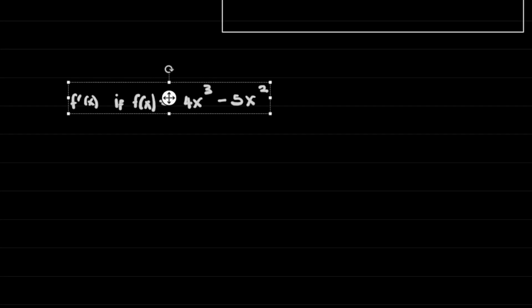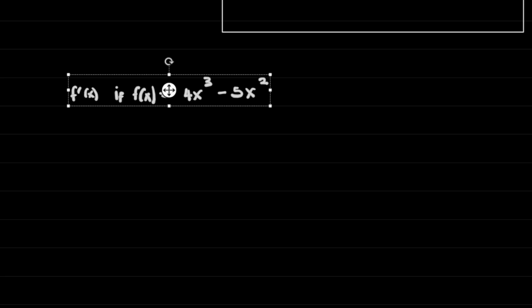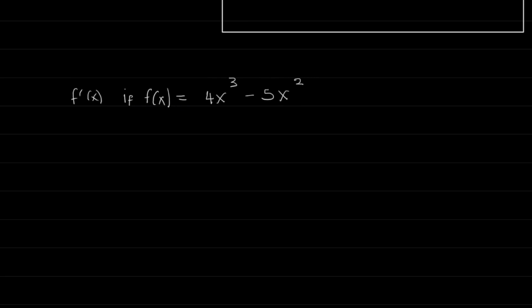I'm tired of you guys treating derivatives and calculus as a whole like it's God from heaven. Come on now. So we are given this. They say, find f prime x if f of x is equal to 4x cubed minus 5x squared.